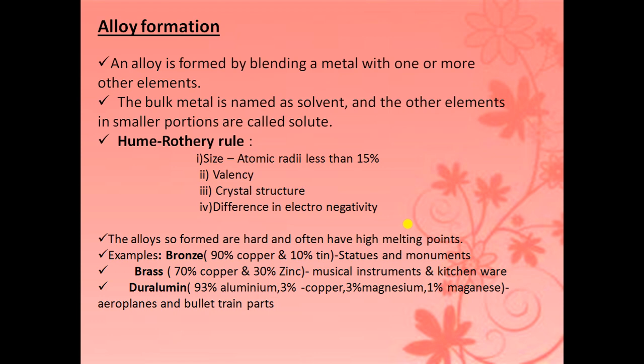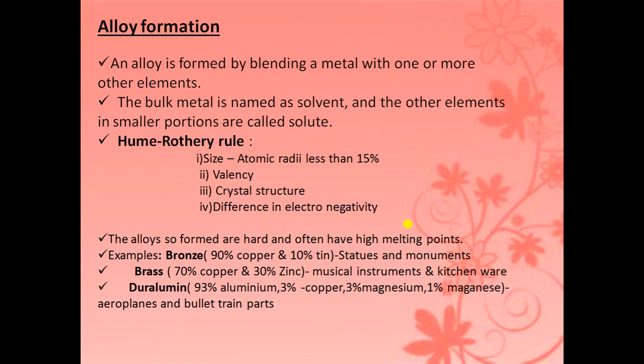So next one is the Hume-Rothery rule. According to this rule, the size of the mixing metals, that is the atomic radii, difference should be less than 15%. Next, the mixing metals' valency may be similar. And then crystal structure. You already know crystal structure, like FCC, BCC.